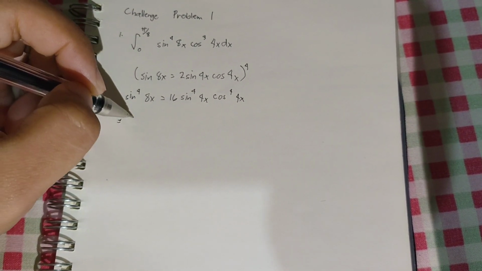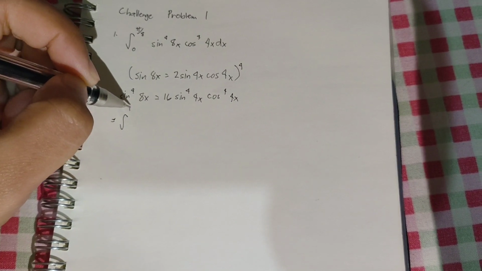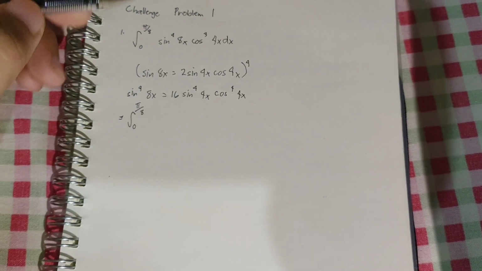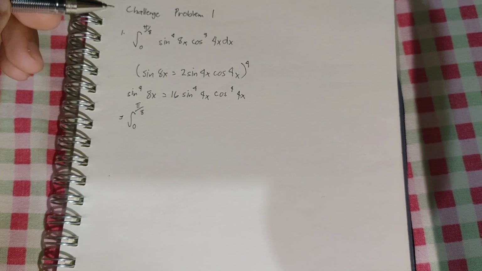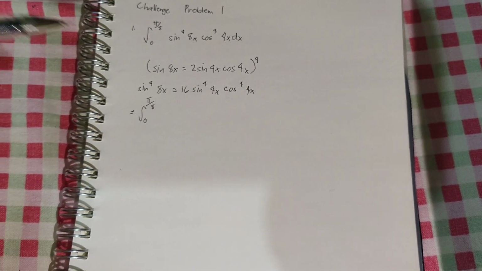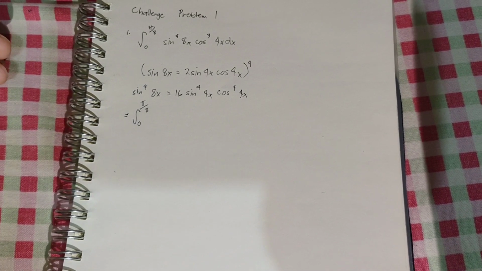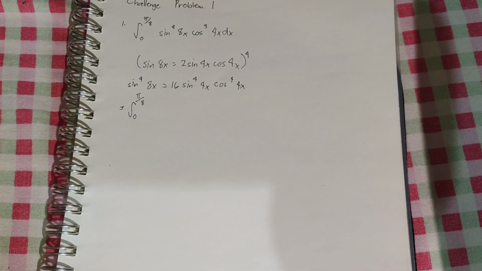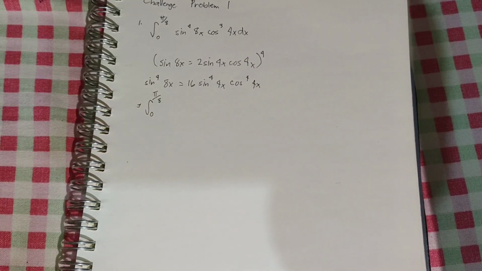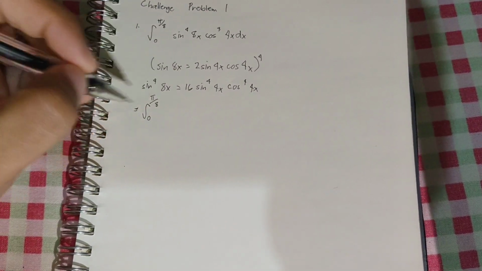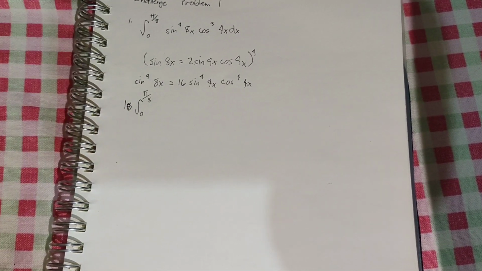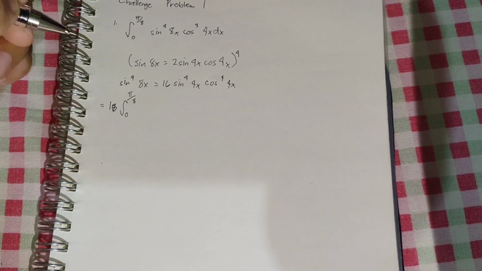So we will copy this, the limits from pi over 8 to 0. Sine raised to 4 8x is equal to 16 sine raised to 4 4x cos raised to 4 4x. So 16 is constant. We will take the constant out and write it here outside our integral.